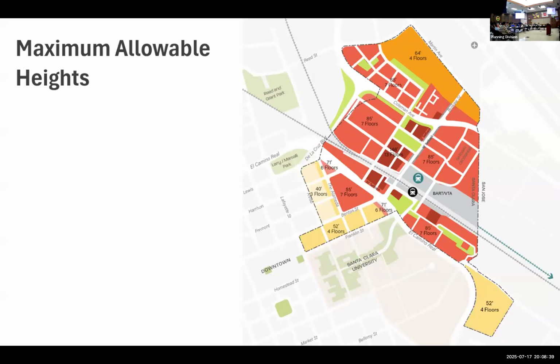That felt like too much, unrealistic to what the market would actually build in the area. So limiting those taller buildings to the Brokaw corridor seemed more plausible. It also supported the notion that Brokaw is the spine, the main street of this northern district, and then things step down to 7 stories outside of that. That was the logic we followed.